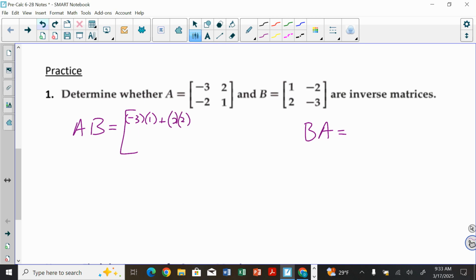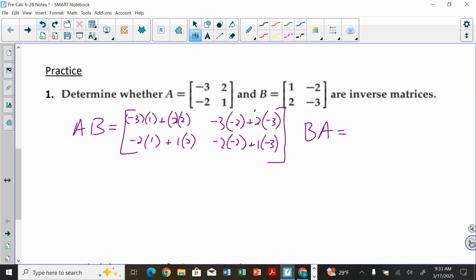Then I have negative 3 times negative 2 plus 2 times negative 3. The bottom row is going to look like this: negative 2 times 1 plus 1 times 2. And then over here, negative 2 times negative 2 plus 1 times negative 3. Using our matrix multiplication from the last section, we should be able to do that.